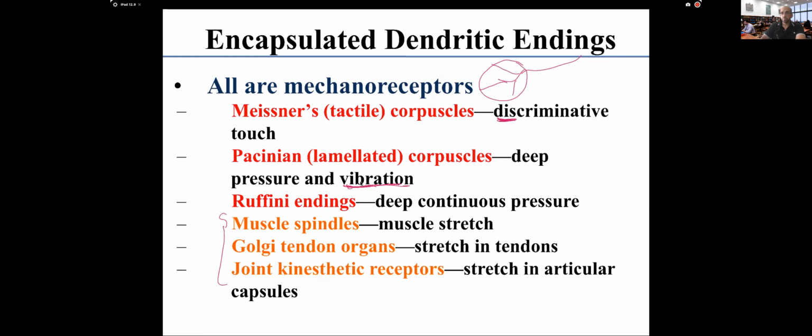Muscle spindles detect the muscle stretch. Golgi tendon organs detect the degree of stretch of the tendons, and the joint kinesthetic receptors detect the degree of stretch applied to the articular capsule, or the joint capsule. If you remember, how did we classify those receptors? Are they exteroceptors, interoceptors, or proprioceptors?